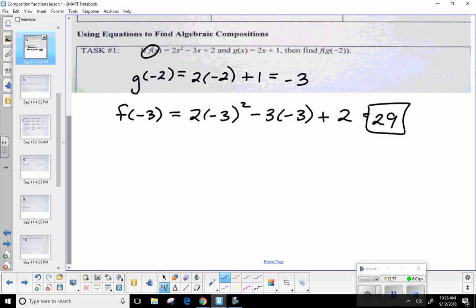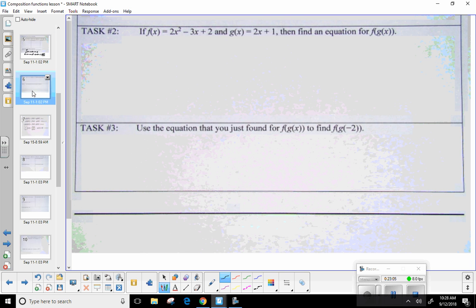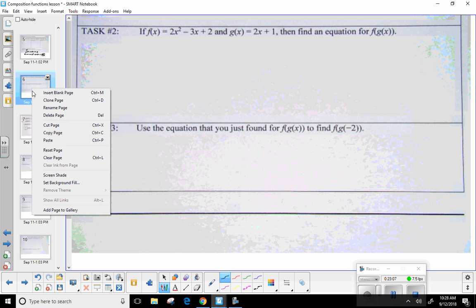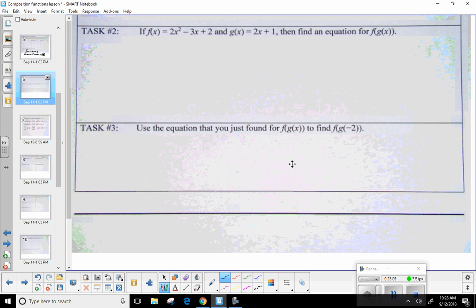All right, is everybody okay with where I got 29? Okay, we're good. Now task number 2: we're given the same two functions, but now it says find an equation for f of g of x. Even if I just said find f of g of x, you would still know that's what you want, because there's no numerical value given.